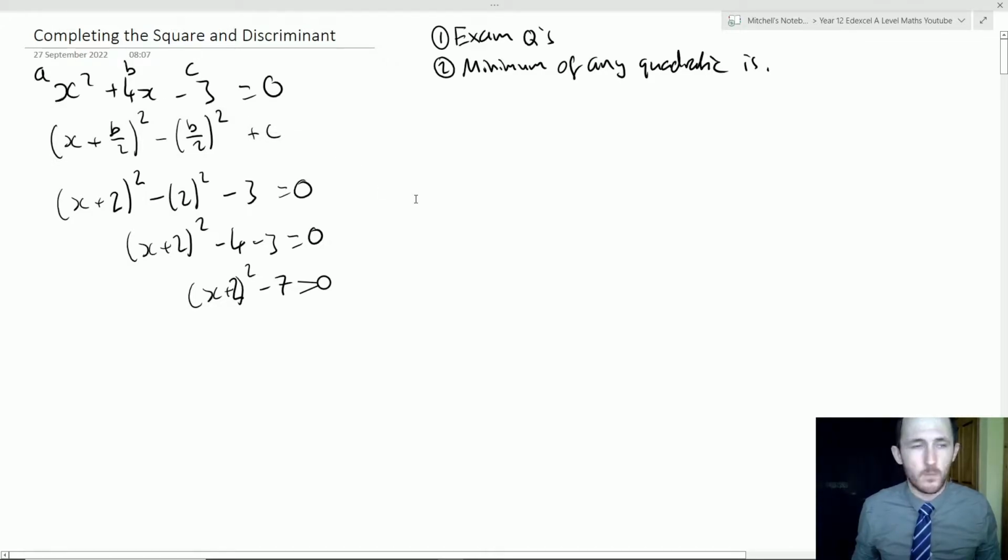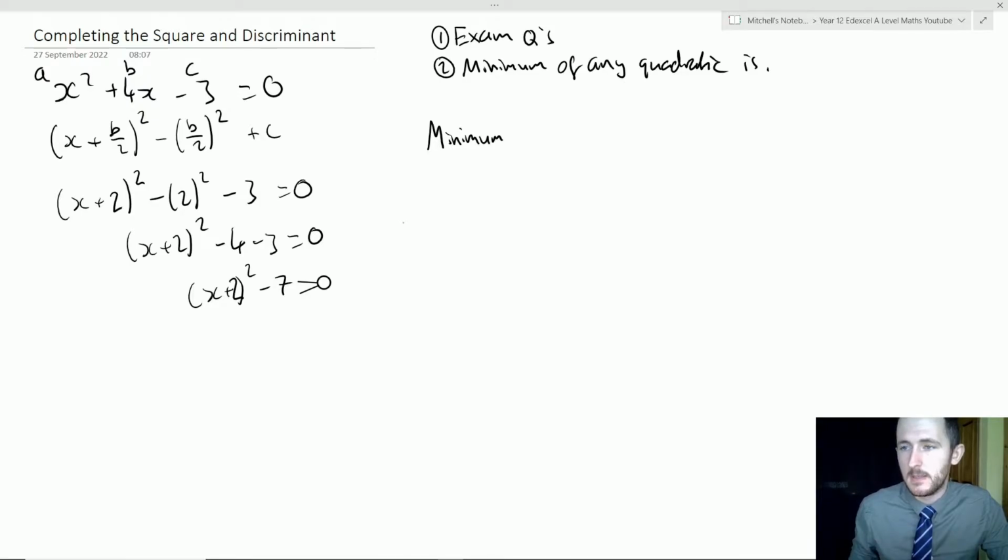Perfect. So then what else can we do? Well, we can also find what the minimum point is. The minimum of this one, all you do is you flip the sign of this and make it minus 2, and you keep the other sign the same.